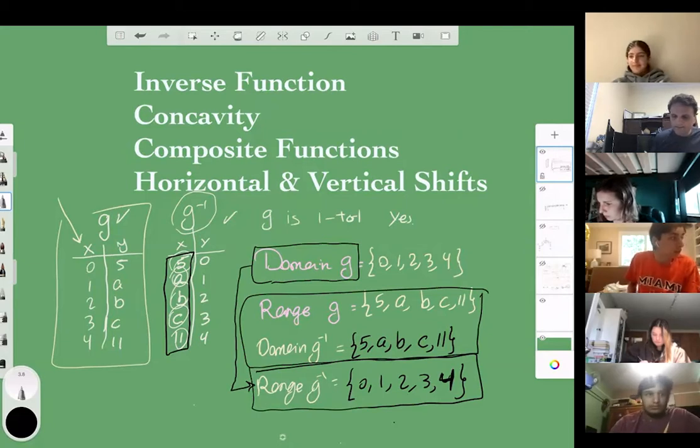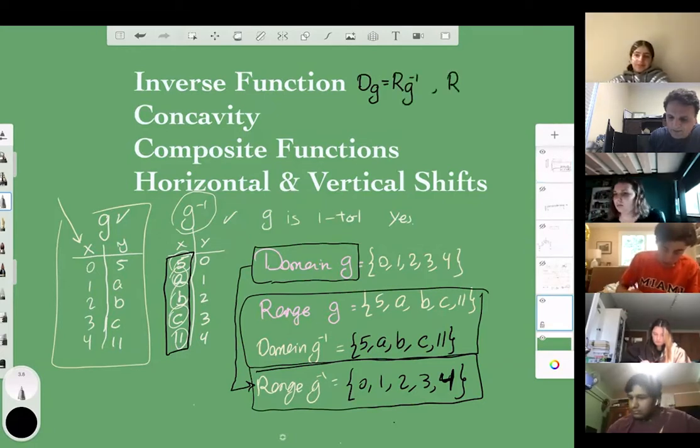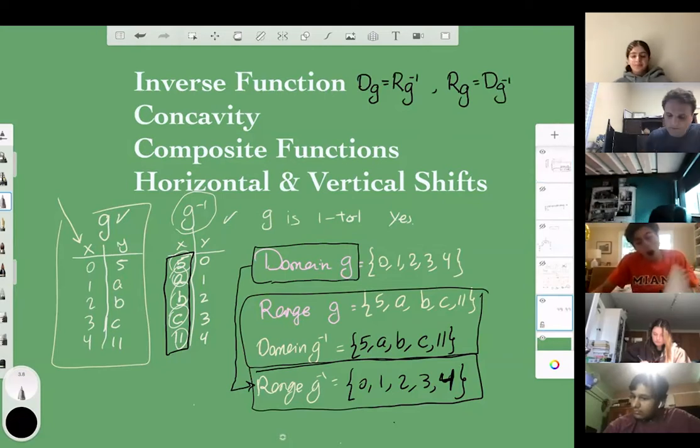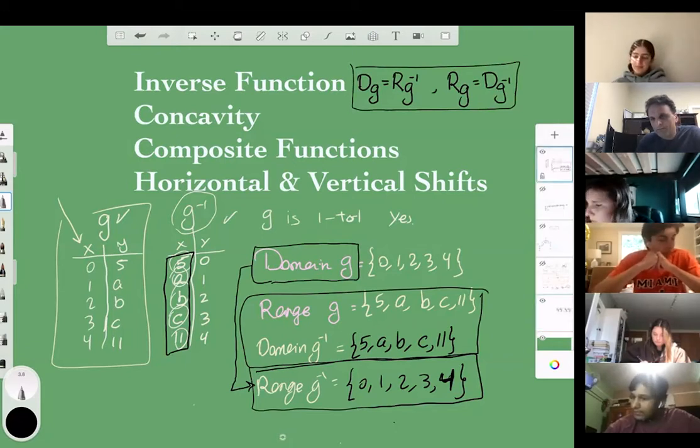So I'm going to write it here: domain of G equals range of G inverse, and range of G equals domain of G inverse. So this is super important. You need to have it in your note sheet. Any question here?